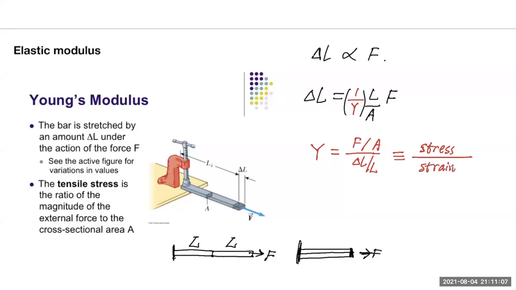So when you apply a stress to the material, you're going to cause a strain. F over A is the stress that causes a strain of delta L over L. And the ratio of stress over strain is called the Young's modulus. That is the definition of the so-called Young's modulus.